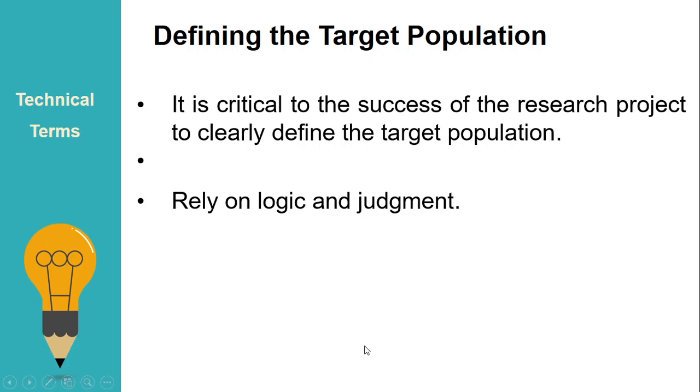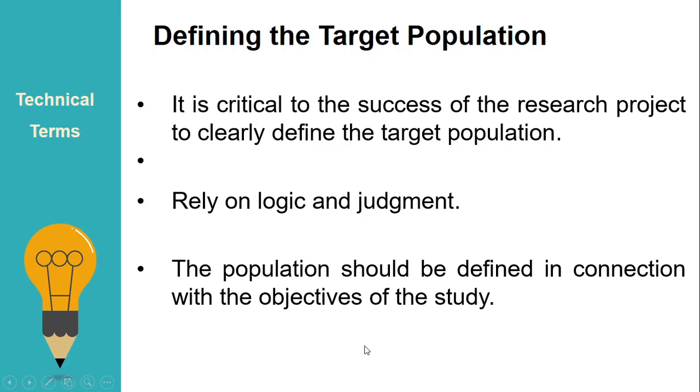The target population must be logically assigned, and some justification should be available. The population should be defined in connection with the objective of the study and the scope of the study, and they will all be based on the problem statement of the study.